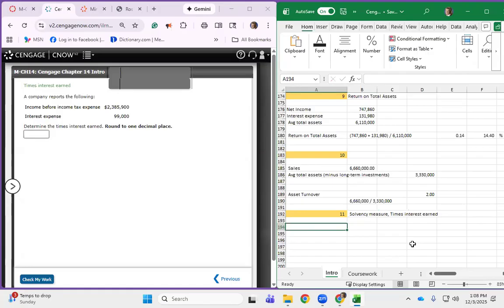This is the income that's listed on the income statement before taxes. There's a line on most income statements that reports income before taxes and then after taxes, because taxes are just as much of an expense of doing business as anything else. All right, so I'm going to put this in times interest earned.